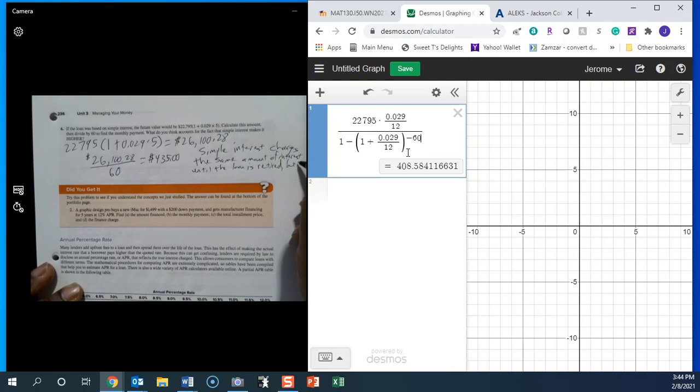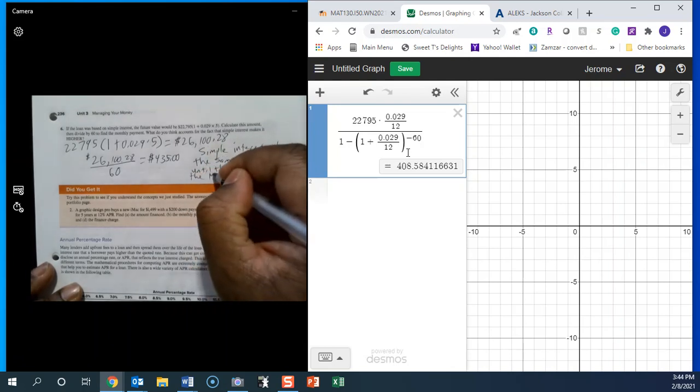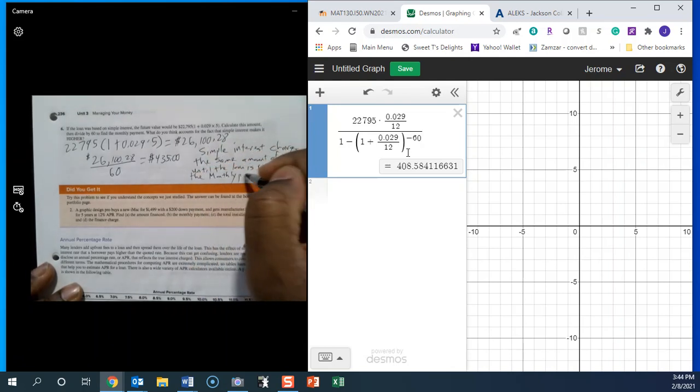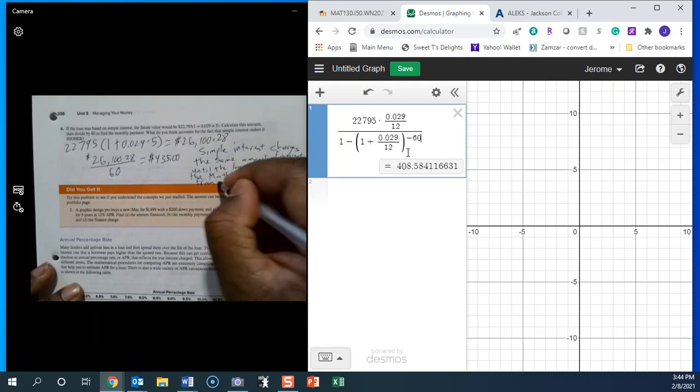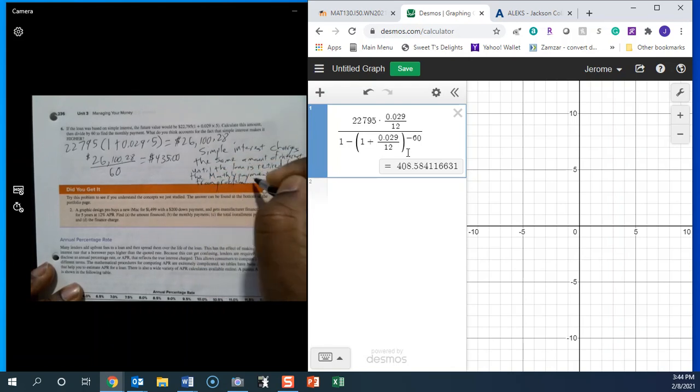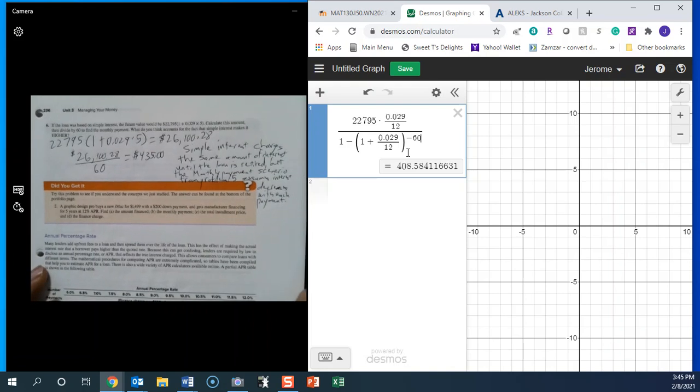But the monthly payment scenario from problem 5 assumes interest decreases with each payment. So that is the difference between the two.